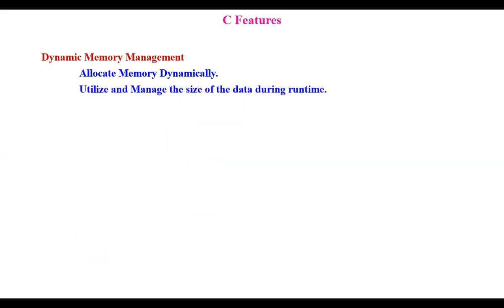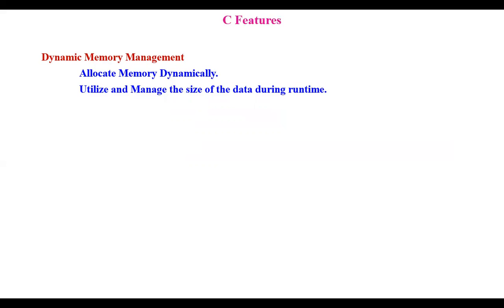Next comes dynamic memory management. The memory management is dynamic and it is good. It manages the size of the data during the runtime. The dynamic memory allocation is good because, suppose the data element is a very small one, depending on that we can allocate a lesser amount of memory to that particular variable.